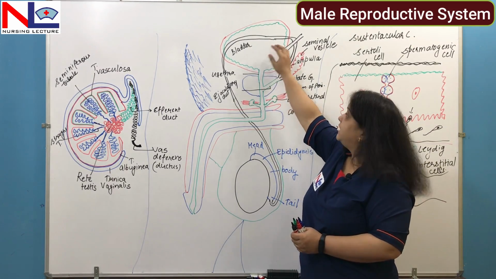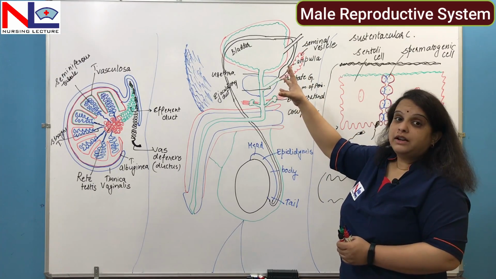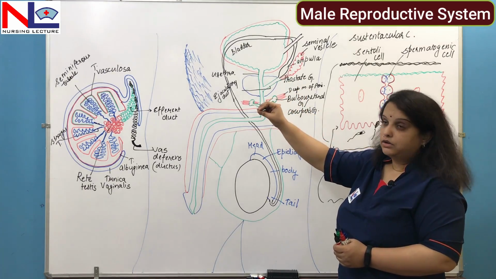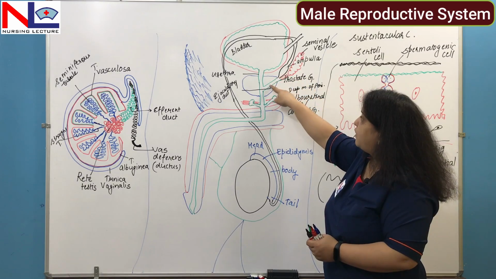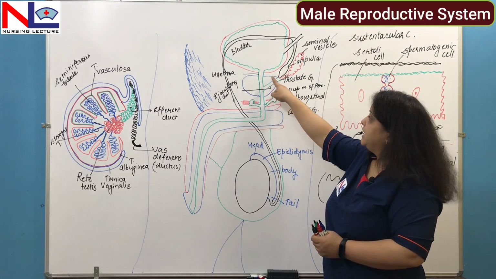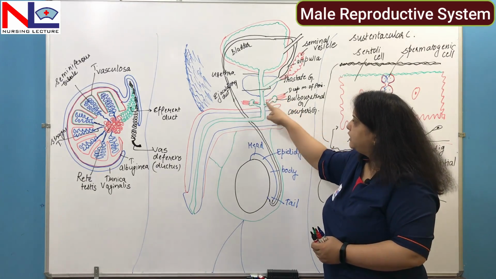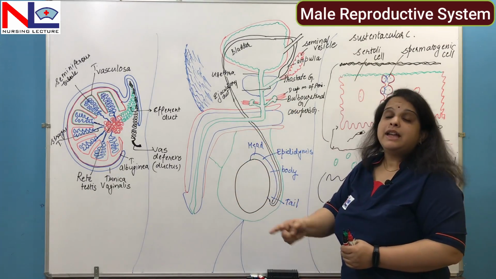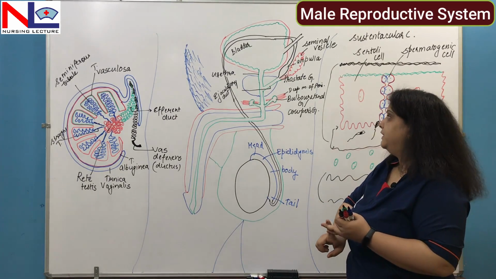It is also the passageway for the release of semen exteriorly, because the semen released from the ejaculatory duct enters the urethra itself. So the urethra is the common passageway for excretion of urine as well as for semen.